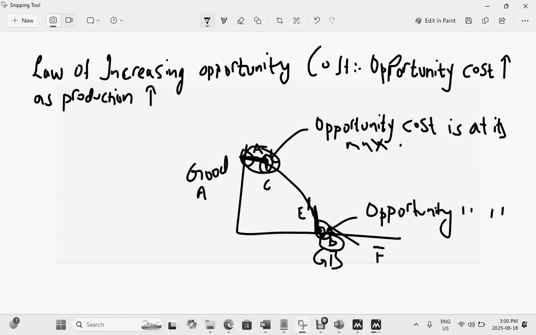Allocating a few resources towards production of good A, because good A is basically finished, we cannot produce any more of good A at point F. Few more units will revive good A. Hence, the opportunity cost at this point between E and F is the highest when it comes to producing good B. All right, so that would be it when it comes to the law of increasing opportunity cost.